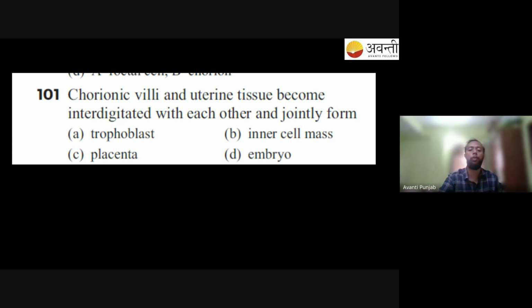Chorionic villi and uterine tissue become interdigitated with each other and jointly form what? Okay, you answered quite quickly. That's true. It will form the placenta. So your chorionic villi and uterine tissue become integrated with each other to form the placenta.